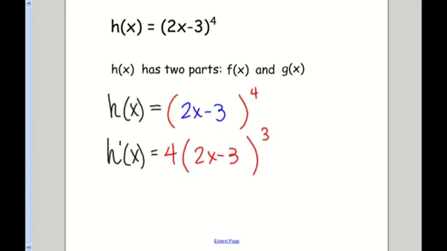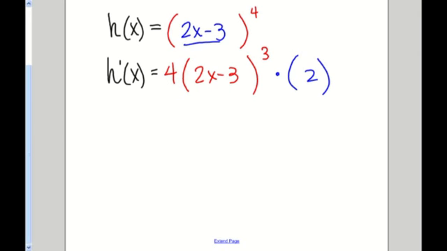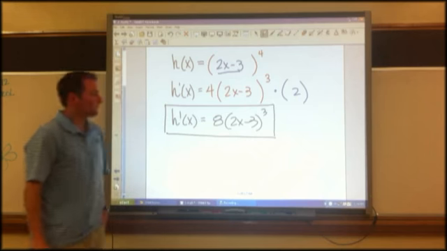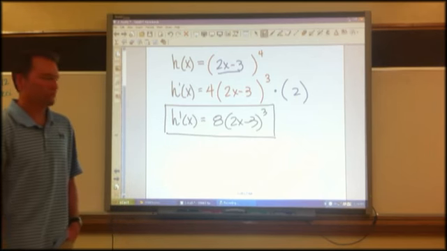And then I would just take this and multiply it by the derivative of 2x minus 3 here, the inside portion, to get 2. And then I put that all together to get that h prime of x is now 8 times 2x minus 3 cubed. So that's the idea.